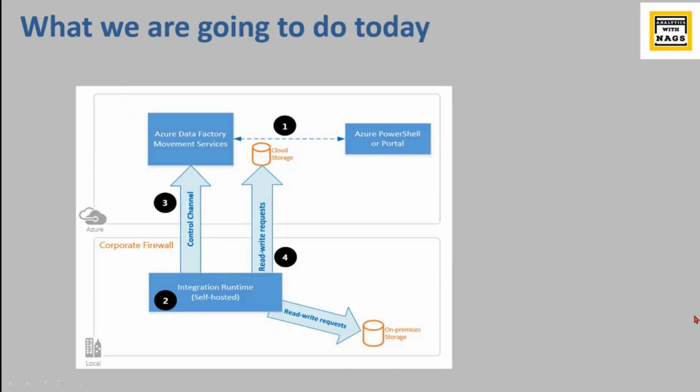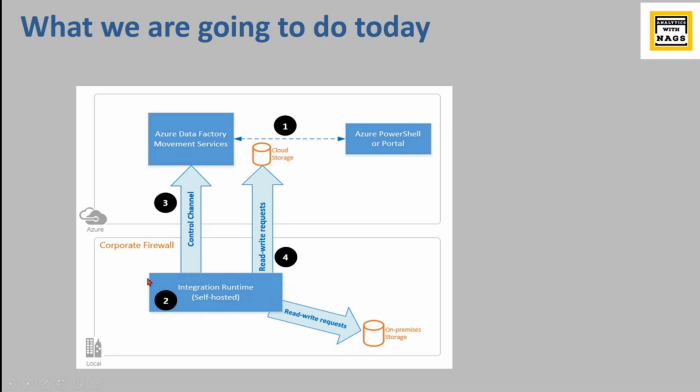So what are we going to do today? As we already said, as part of this demo, we are going to use the integration runtime for connecting to the on-premise database, because our Azure Data Factory resides in the cloud and it cannot directly connect to your on-premise storage. So we need an integration runtime in between our cloud and the on-premise database.